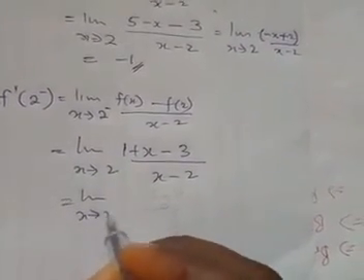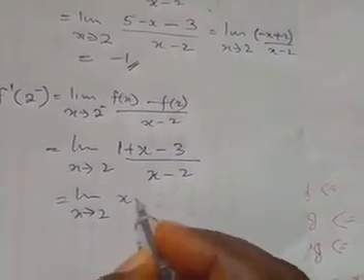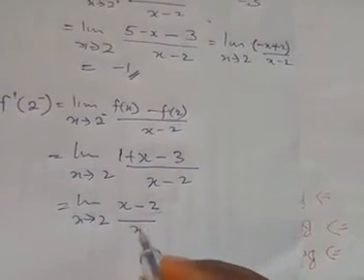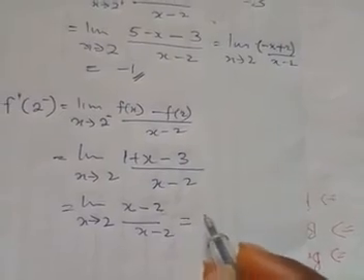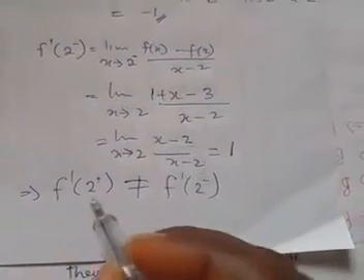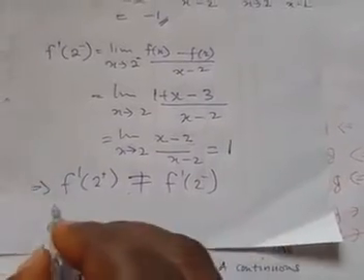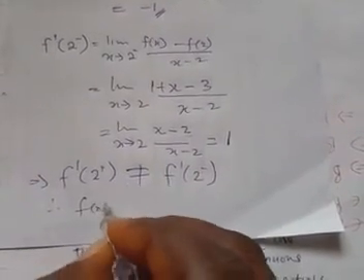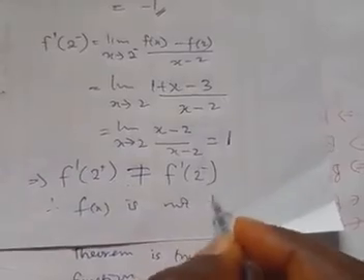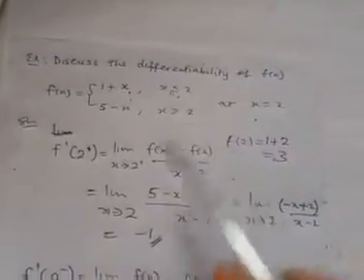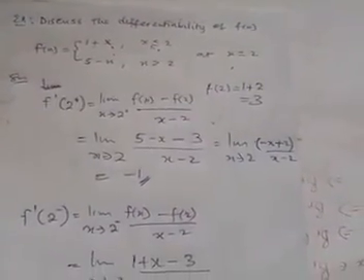This gives me s minus 2 over s minus 2, and that is 1. So you now see that the right-hand derivative is not equal to the left-hand derivative. Therefore, we can say that f of s is not differentiable at s equal to 2. Suppose we find that it is equal, then we consider it differentiable.